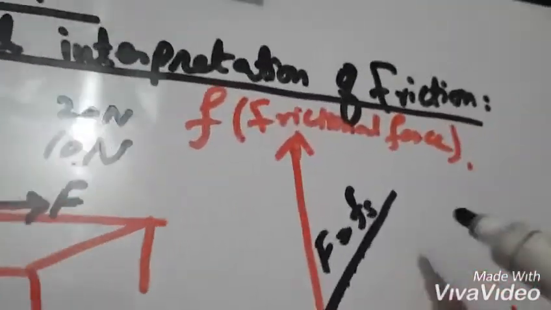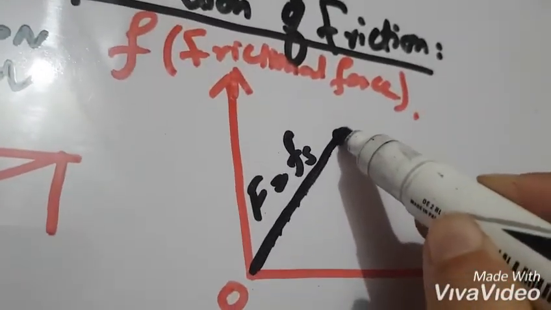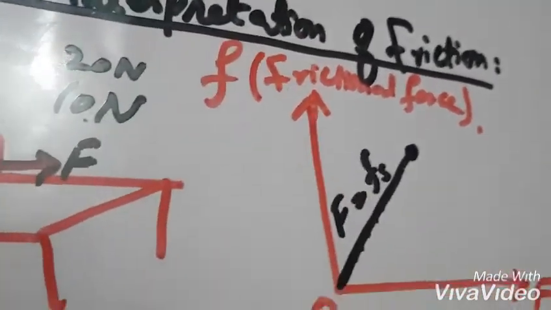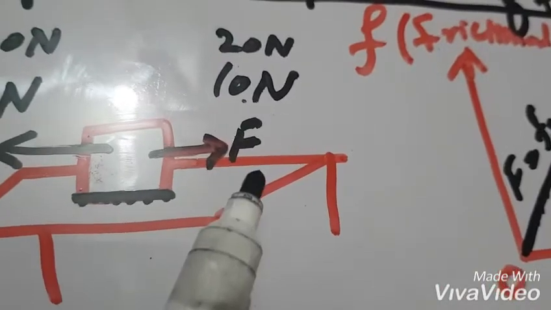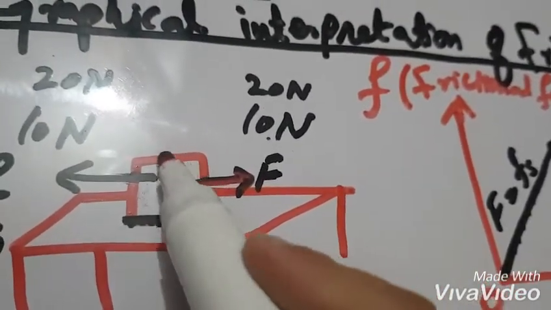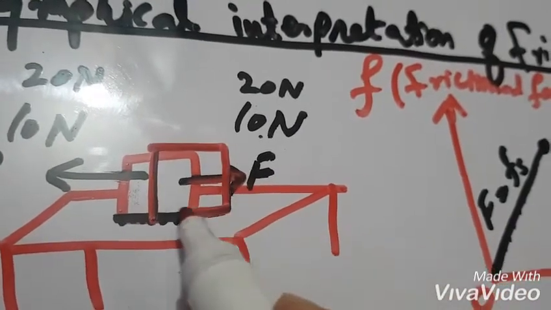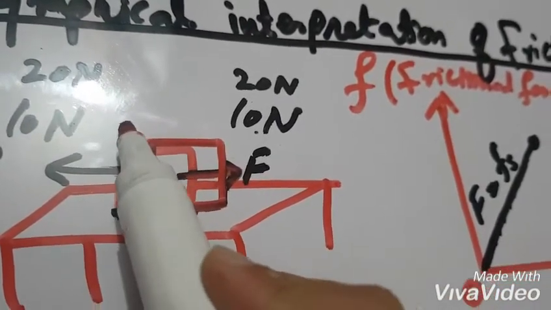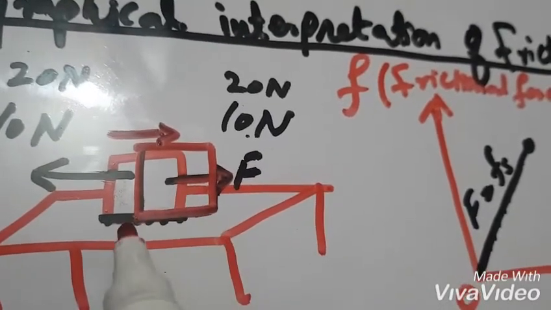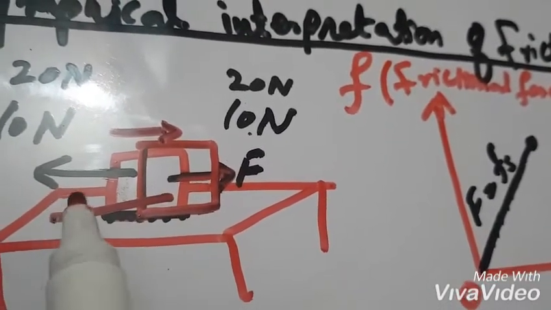So what happens next? At a peak point, there is a certain limit. Then the block will start moving in the direction of the applied force. For example, the block will slide a little bit here. If the block slides a little bit here, it means that the block is moving in the forward direction, and now friction is present there, but the friction is not static friction.